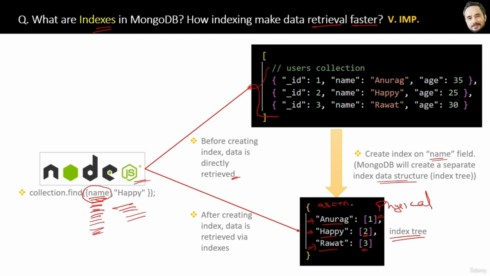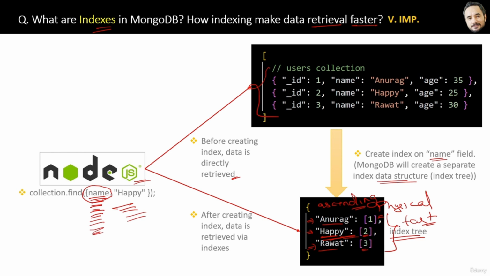Now listen carefully. Because it is in ascending order, the search or scan of the data based on the name filter will be very fast this time. It is easy to scan ordered data, but above it was very time-consuming, and therefore it will immediately locate the name Happy and get the data from the ascending data.